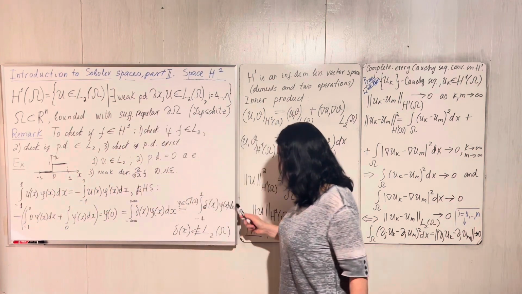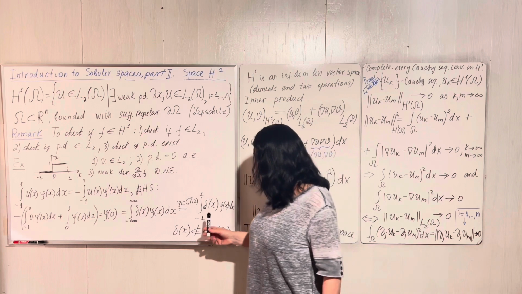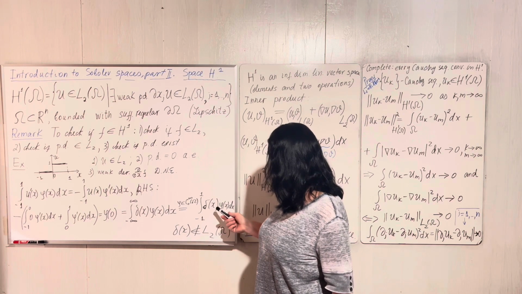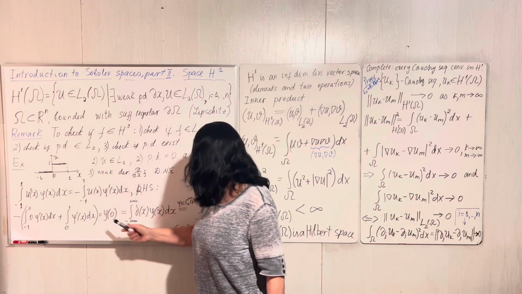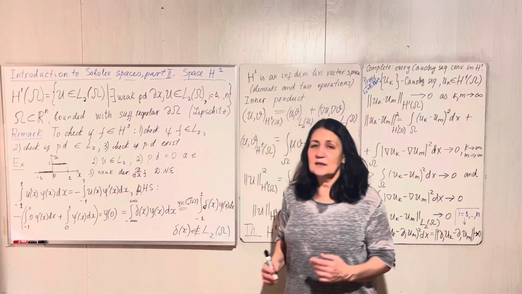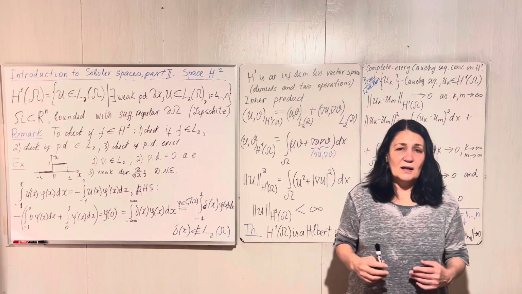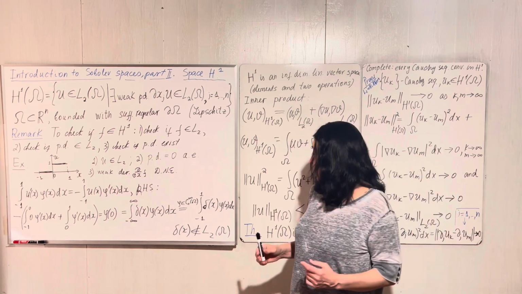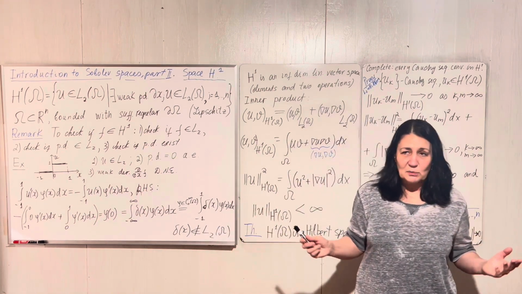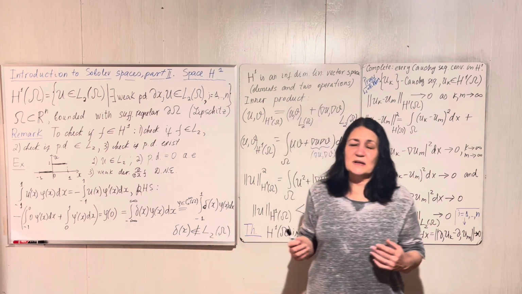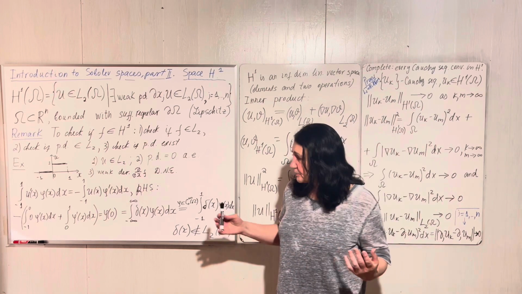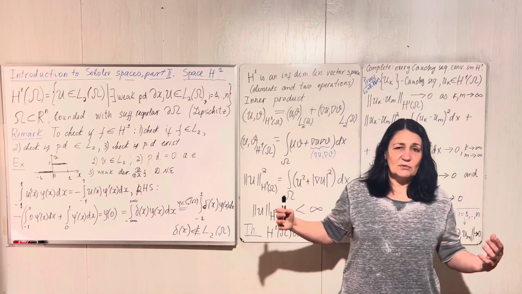So basically we have the form that we wanted to get. So we computed that the derivative of our function is the Dirac delta function, and the delta function is not a function from L2. Because if it were in L2, the delta function equals 0 almost everywhere, so it would be in the same class as the 0 function, and then the integral should be 0.